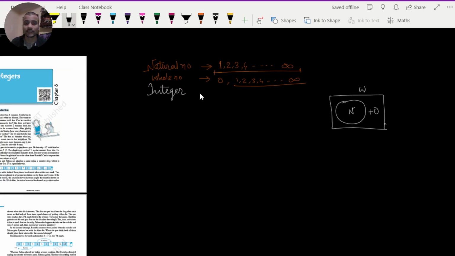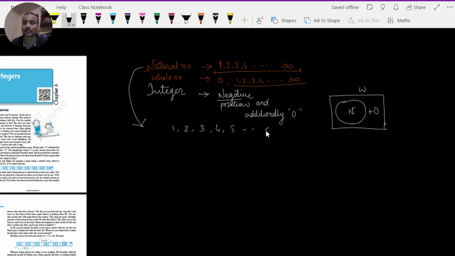An integer is just negative, positive, and additionally 0. Understand first: additionally 0 in the set. Let us suppose we have the natural numbers 1, 2, 3, 4, 5 dot dot infinity.